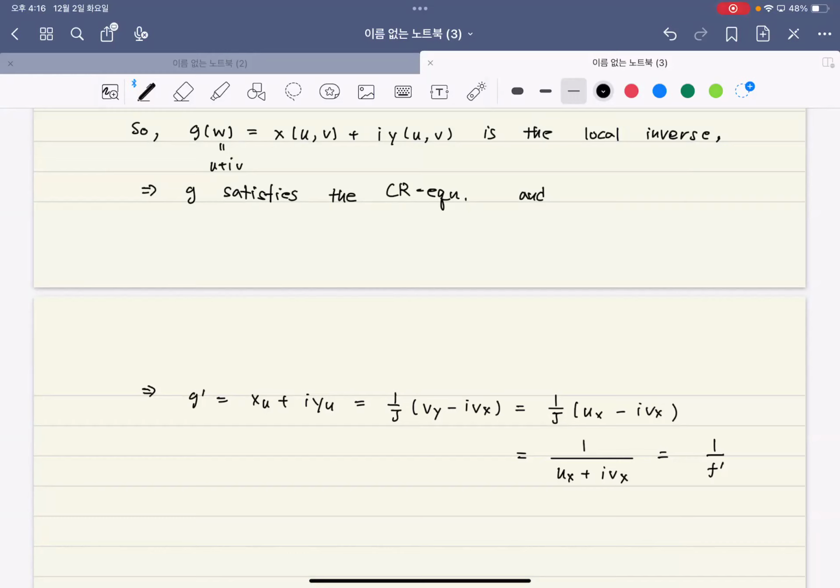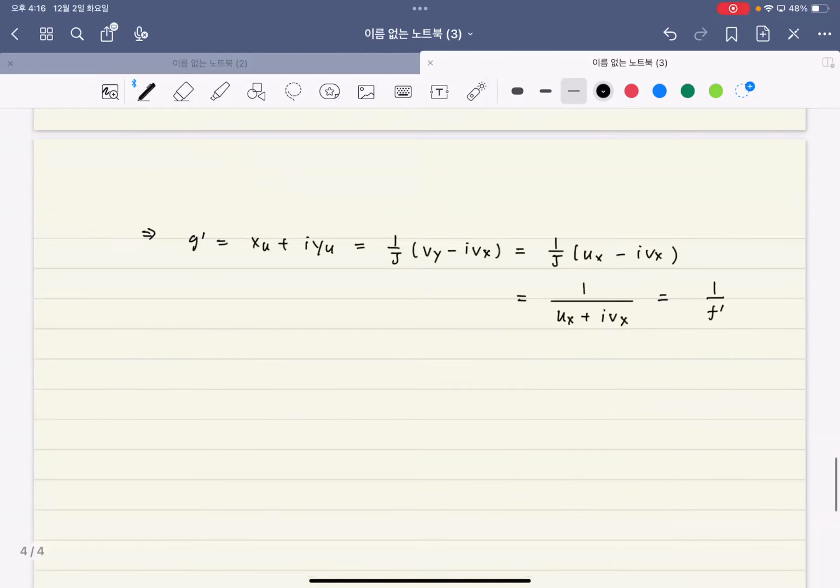This is one very nice property that we can expect from conformal mappings. Now we are about to discuss the harmonic conjugate.